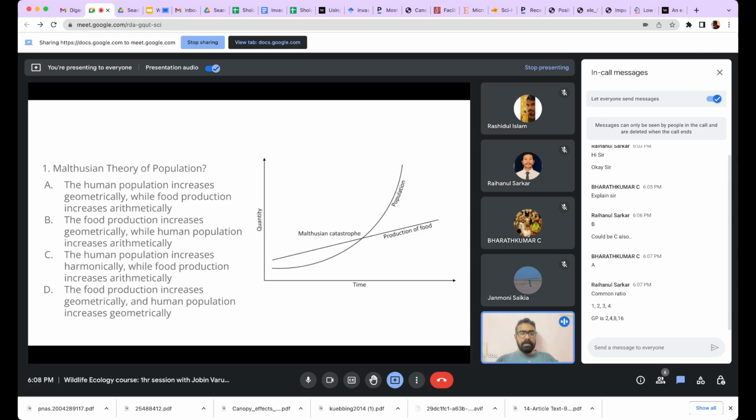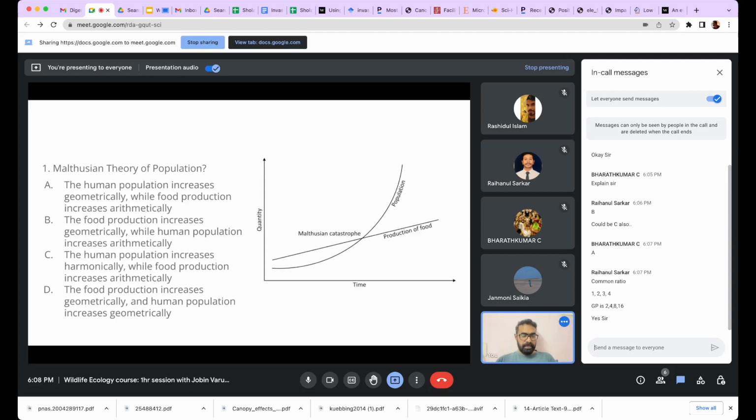So arithmetic progression is more like, yeah, that could be said. So Raihan, if you understand this, 1, 2, 3, 4 is the arithmetic progression, and geometric progression is 2, 4, 8, 16.